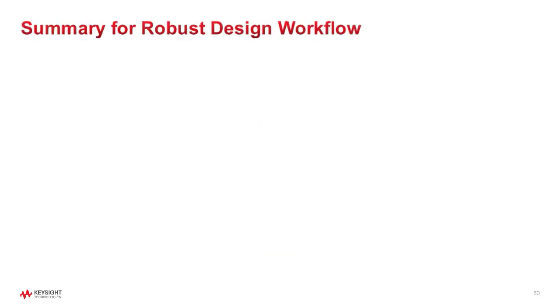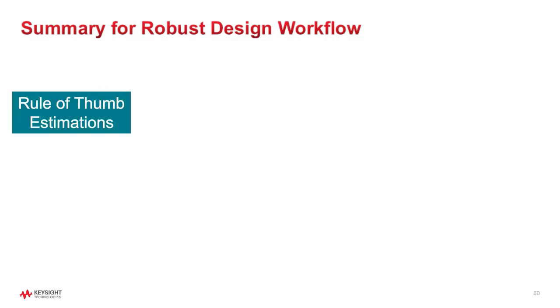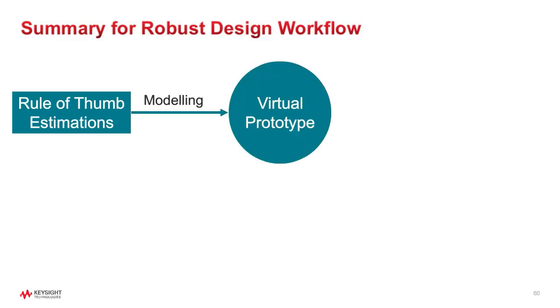What we did today was starting with rule of thumb estimations. Using those rules of thumb, we had a great idea of where to start. And at the end, we were able to model a virtual channel, create a virtual prototype to help us understand and model the channel.